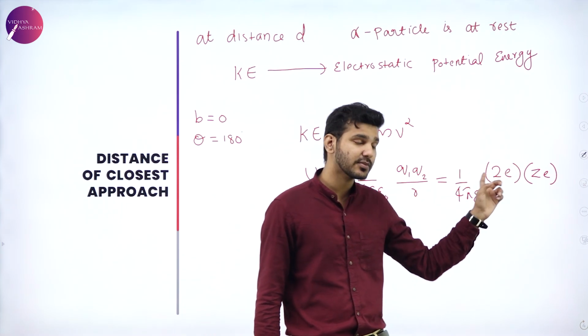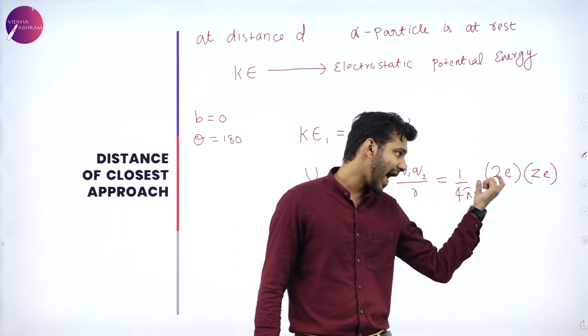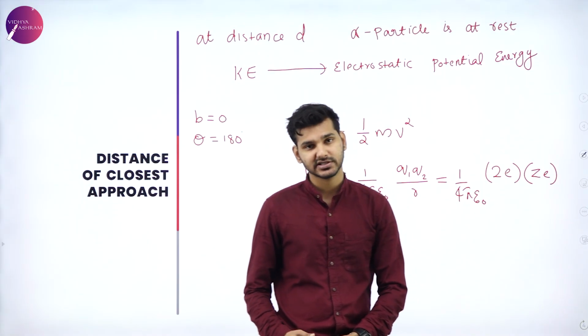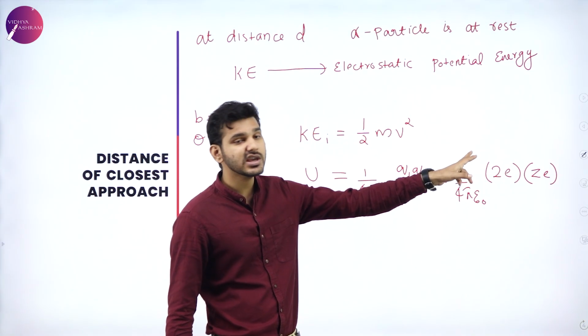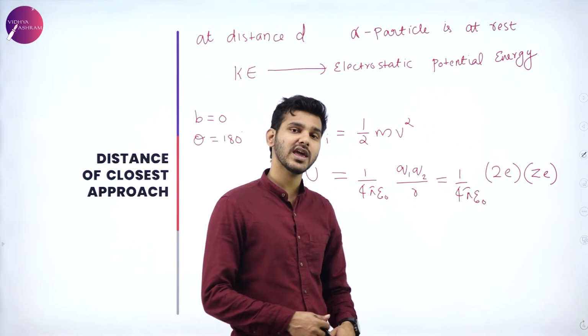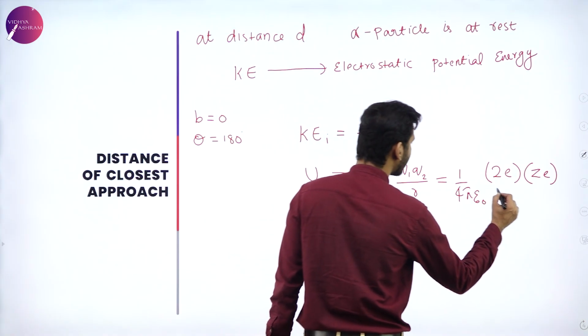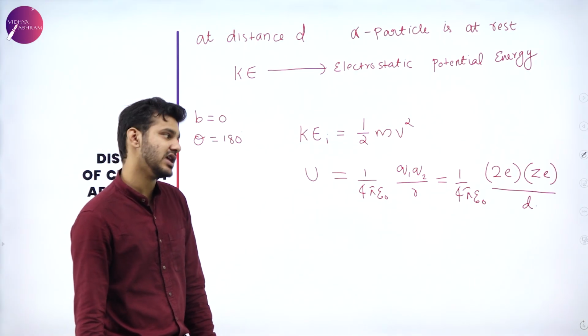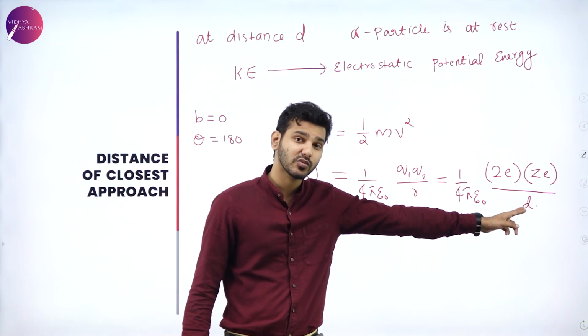Here the two charges separated by a distance are the alpha particle which is coming and the nucleus which is kept at a particular distance. So we have to take 2e and Ze. Ze is the nucleus, 2e is the magnitude of the alpha particle, and divided by the distance between them, which is the distance of closest approach, d. So using this we have to find what d is.